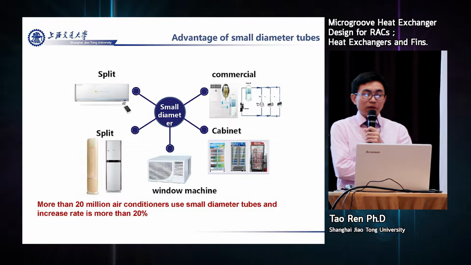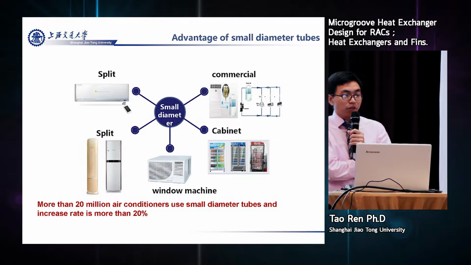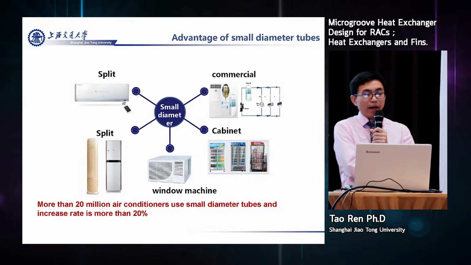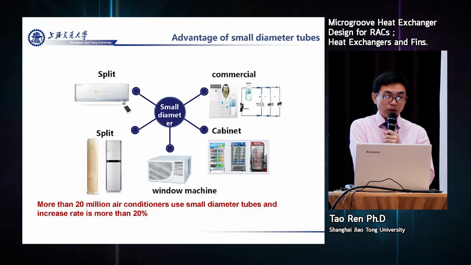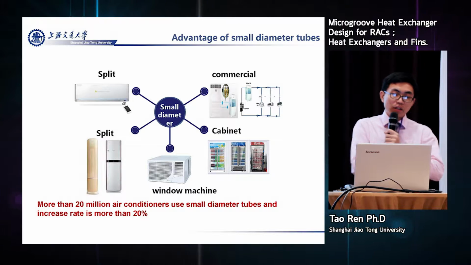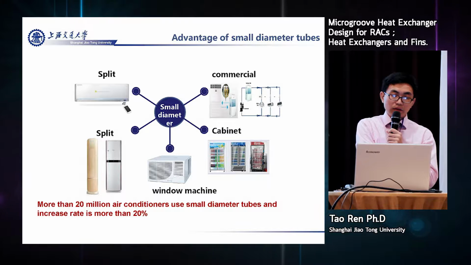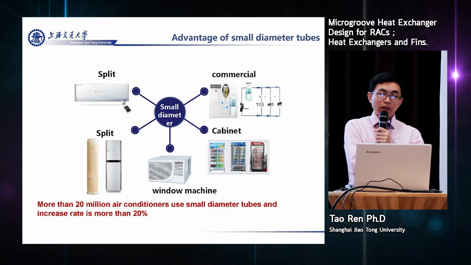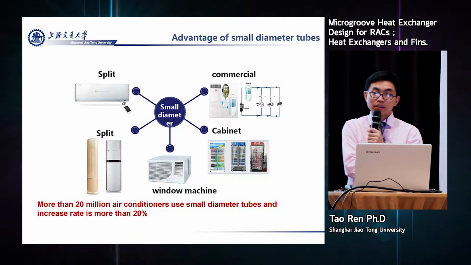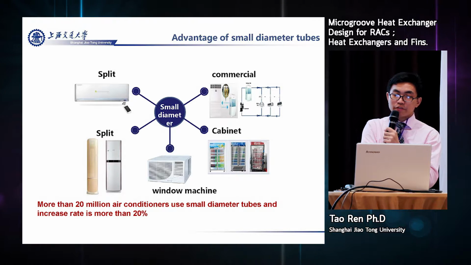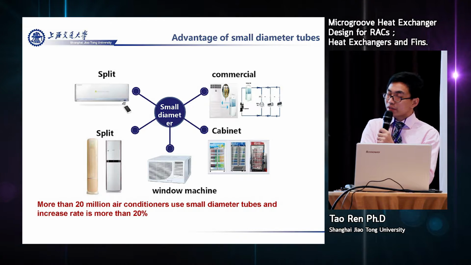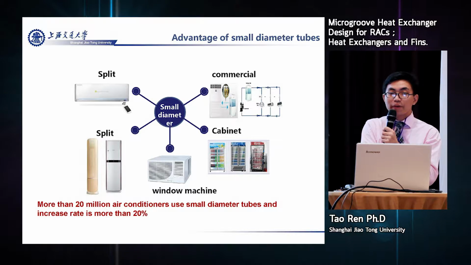Currently, the 5 millimeter heat exchanger in China is already applied in the split one, commercial one, the split AC, or like a window machine, cabinet. We also applied it in some Coca-Cola cabinets with 5 millimeters, and it succeeded.